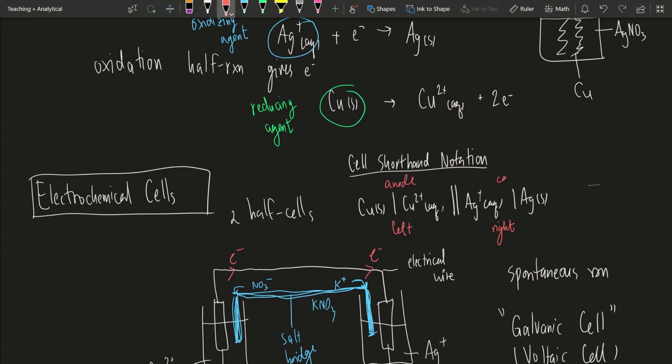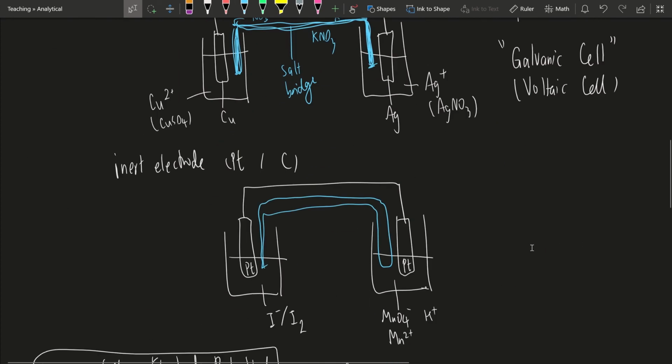And this is the cathode, the silver one. So the cell shorthand notation, I forgot to tell you. To write the cell shorthand notation, we usually put the anode first, followed by the cathode later. So that's why we can use the words left and right also to indicate the half cell in your cell.